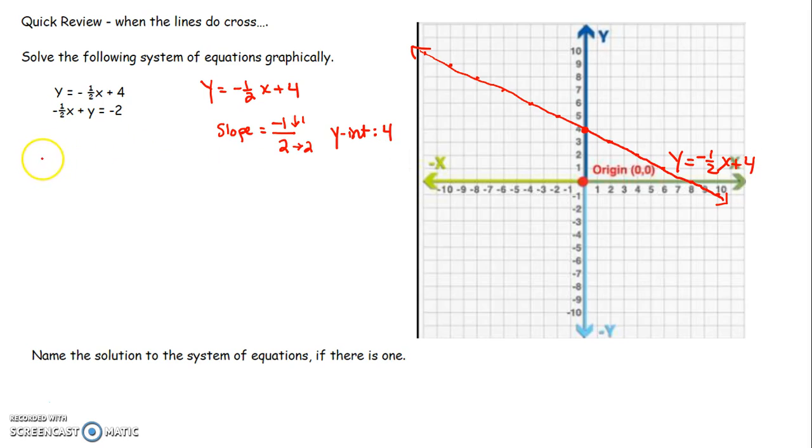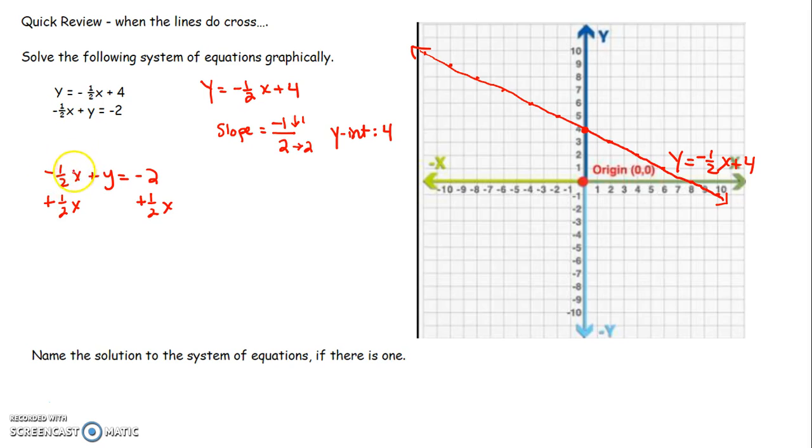Now I have to graph the other line. The first thing I have to do to graph my other line, -1/2 x plus y equals -2, is put it in y equals mx plus b form. In order to do that, you have to move your x term over to the right-hand side of the equal sign.